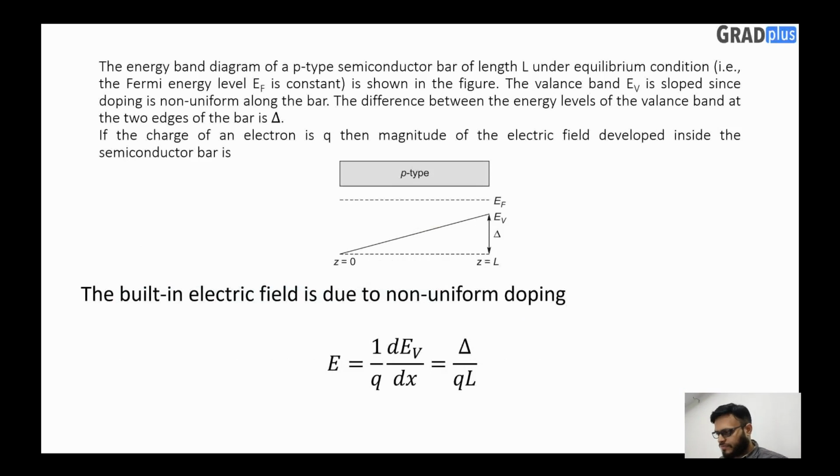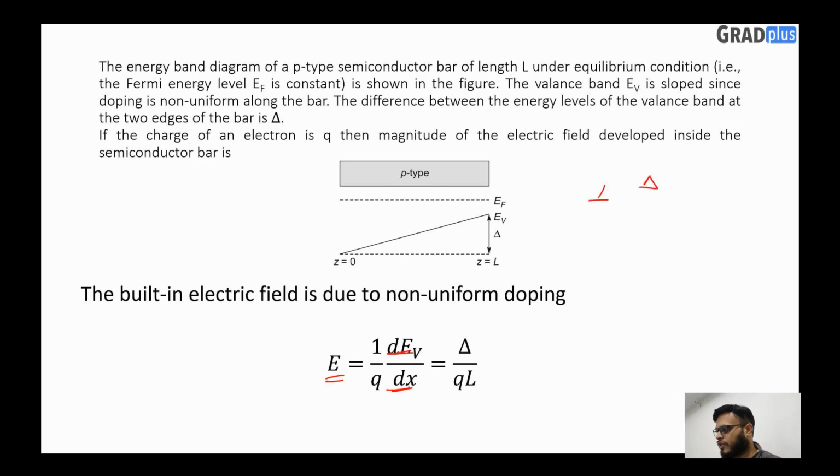This is the formula for the electric field, which is 1 over q, where q is the charge, which is generally constant for an electron, times the change in top of valence band with respect to the change in length. What is the change in top of valence band? It is delta.